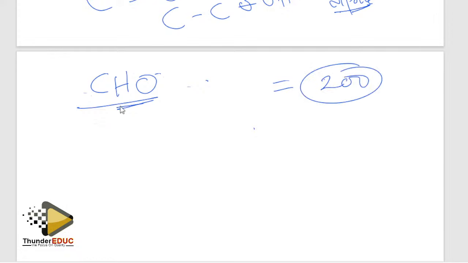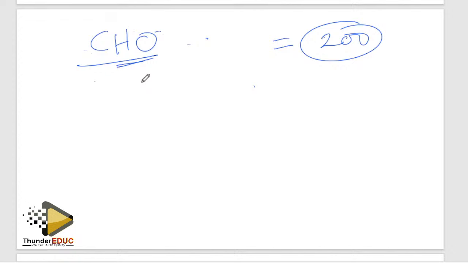Then they say this is 10%, and this is 5%. That's too small, so let me say this is 40%, and then this is 10%, and then this is 50%.